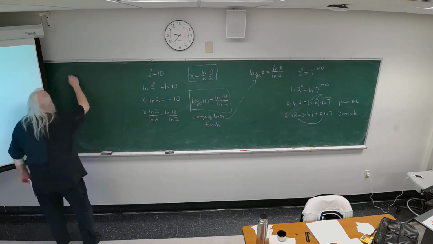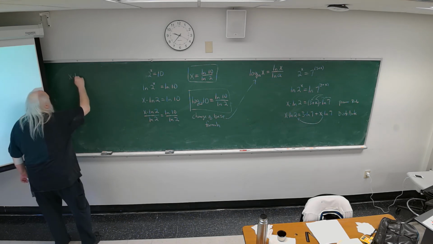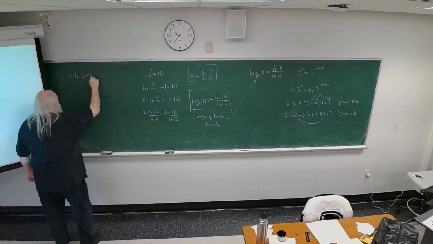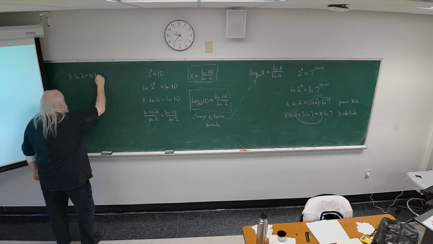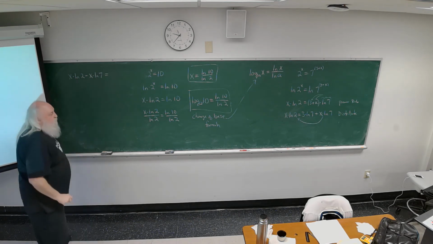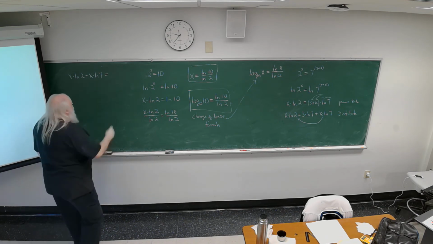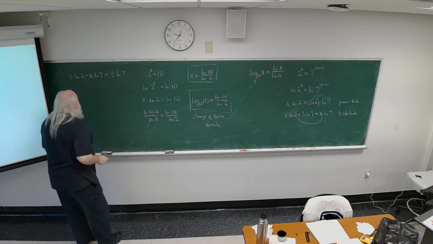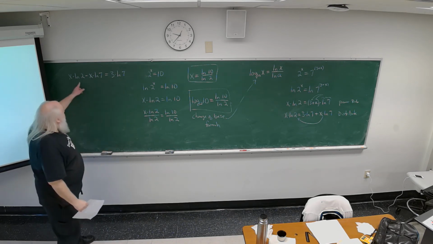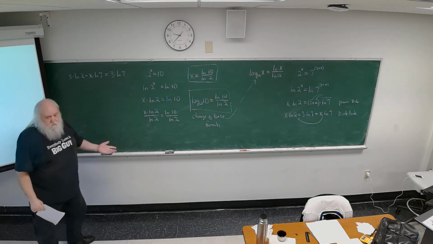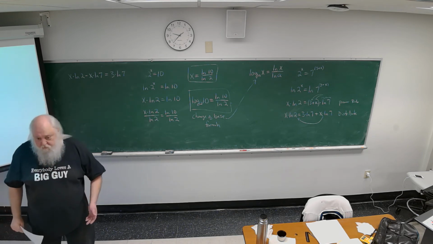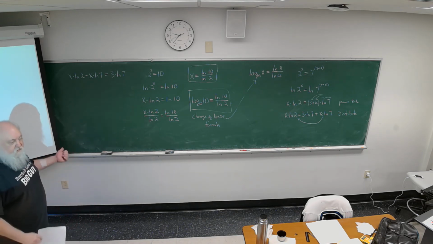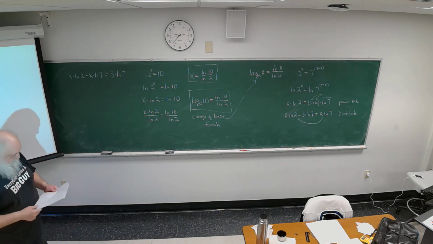We have x times the natural log of 2 minus x times the natural log of 7 is equal to 3 times the natural log of 7. Okay? Now we emphasize, natural log of 2 and natural log of 7 are real numbers on a real number line. Okay? Use your calculator and you can see their decimal value.